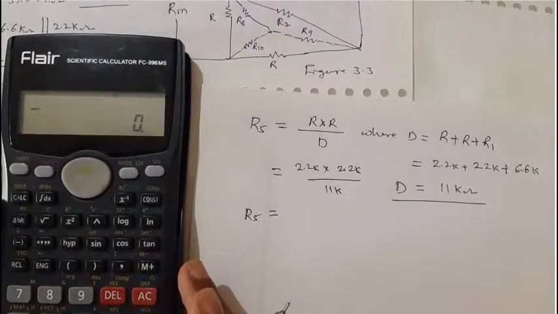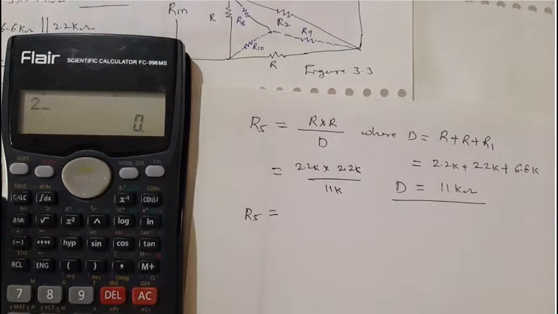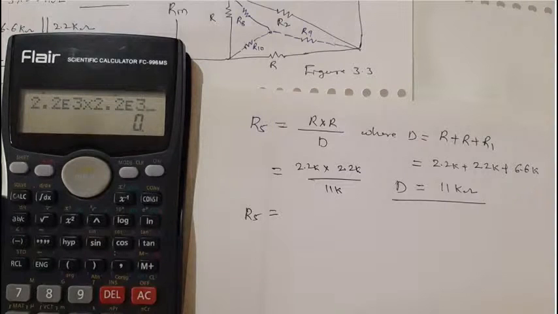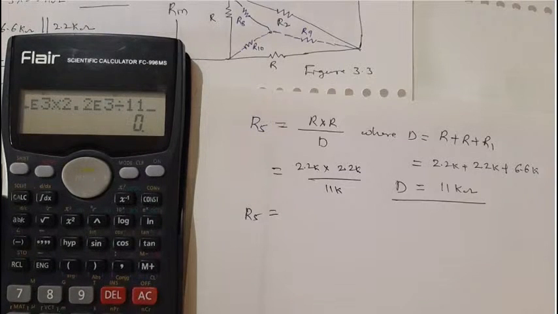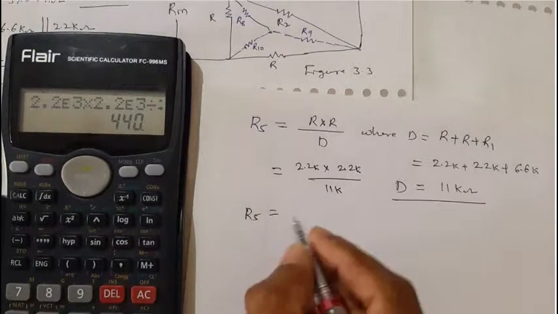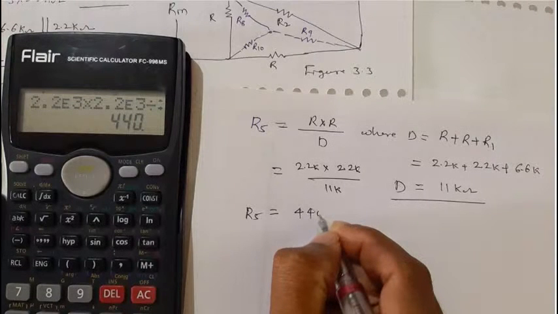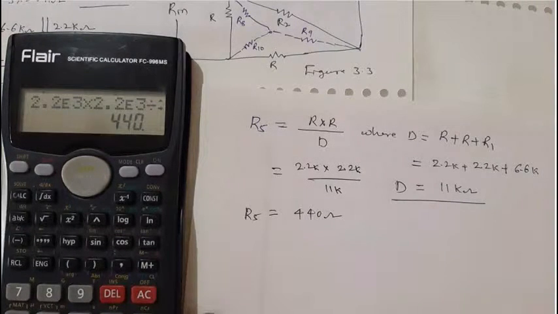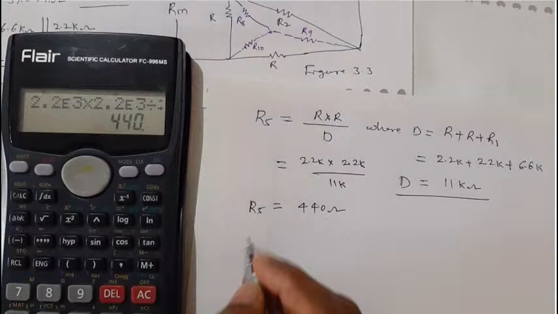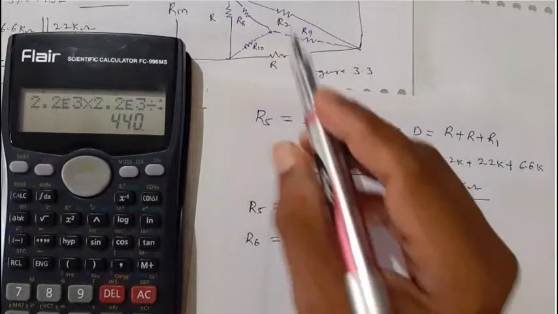Yes. 2.2k into 2.2k divided by 11k is equal to 440 ohm. R5 is 440 ohm. Similarly, now R6 is this resistor, you can see here.